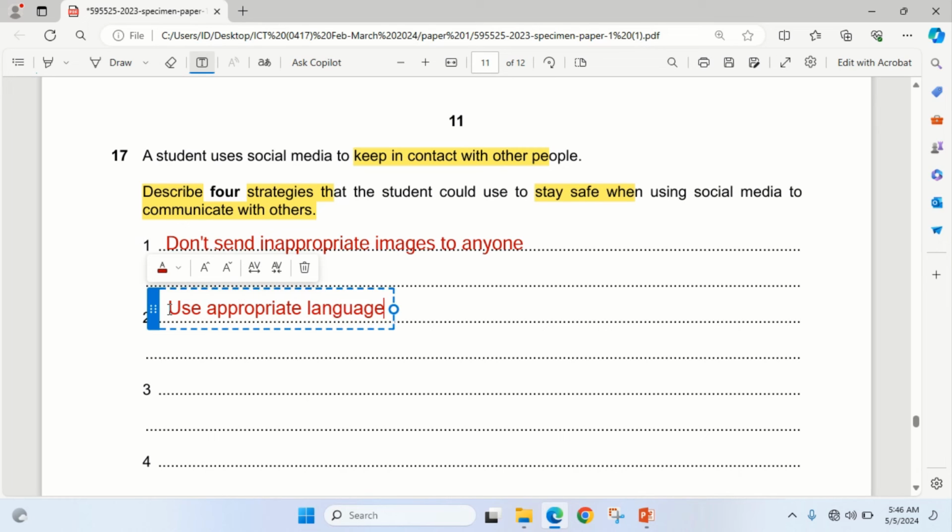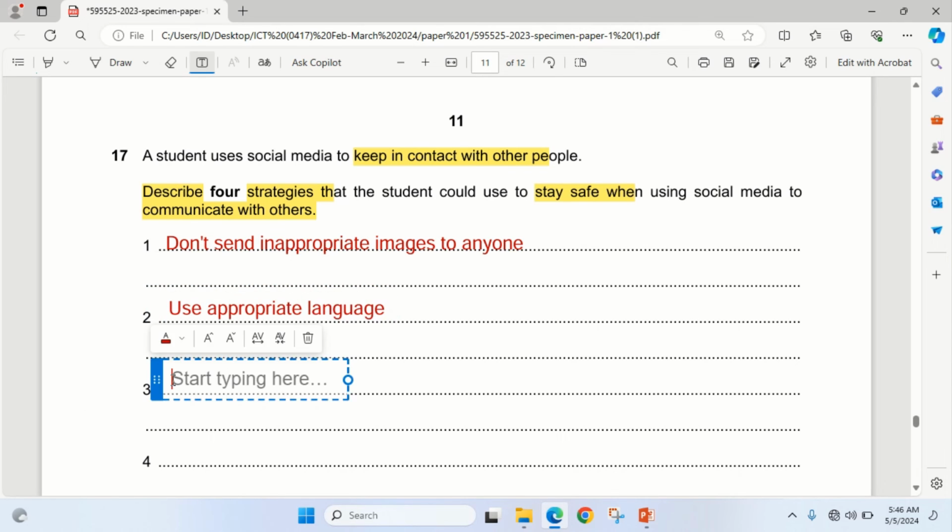Then the student doesn't need to click on suspicious links when communicating with other people.